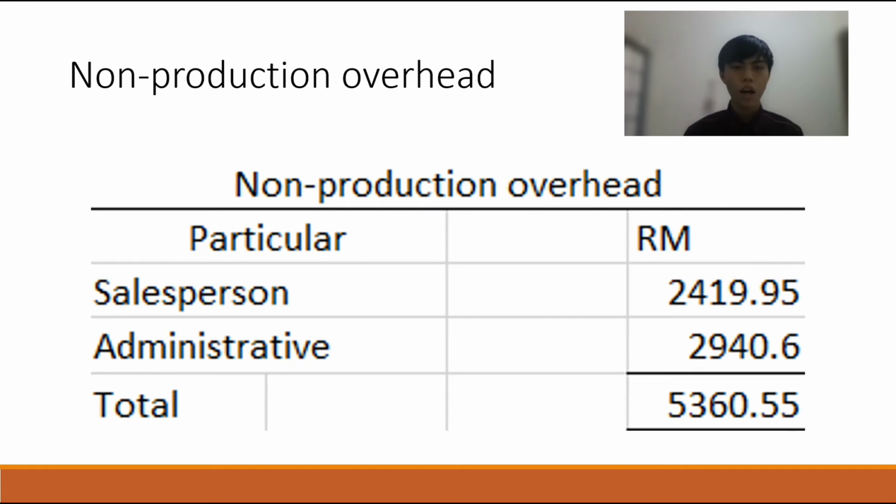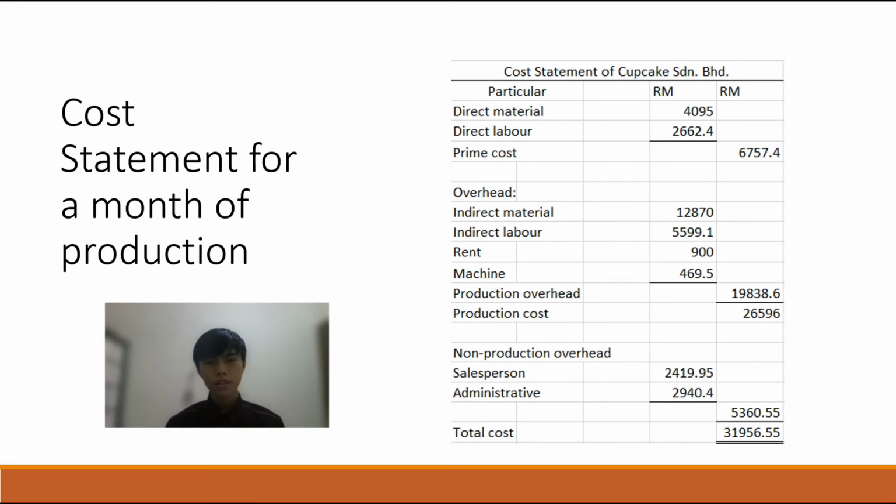This is our non-production overhead, which consists of salesperson and administrative. And lastly, this is the cost statement for a month of production. As you can see, this is our cost for prime cost, production cost, and non-production overhead cost.